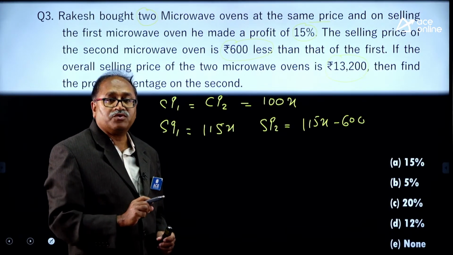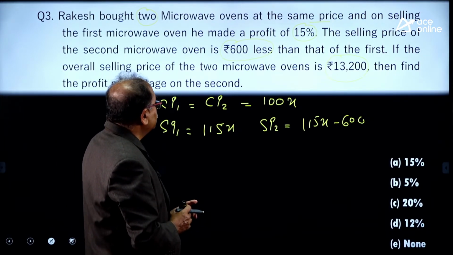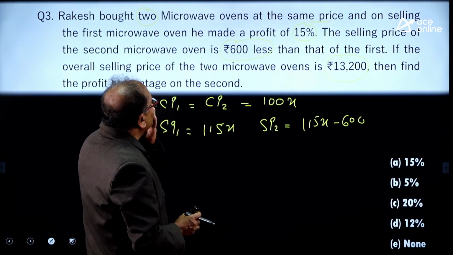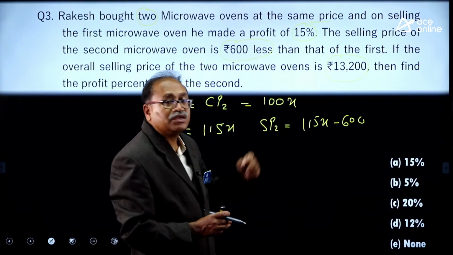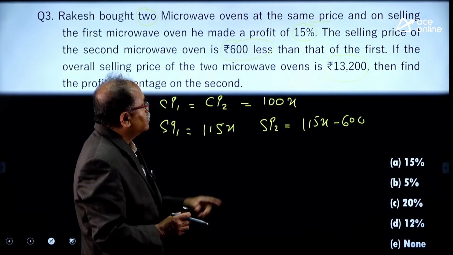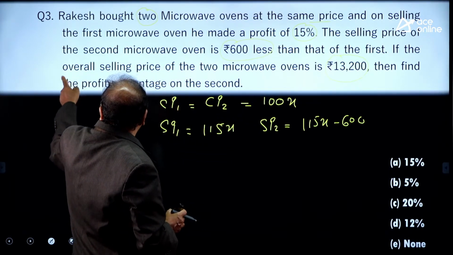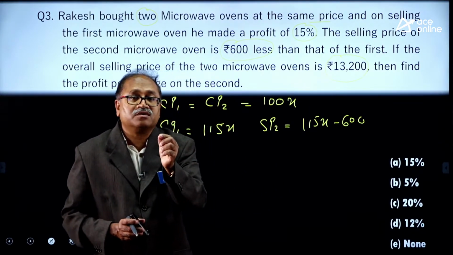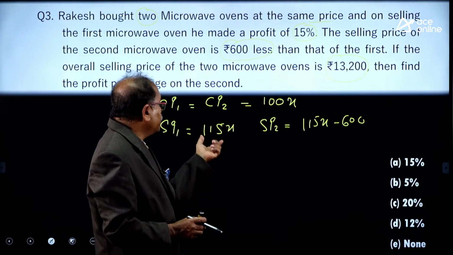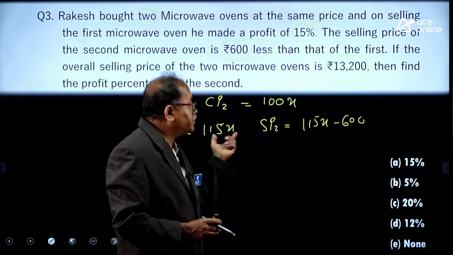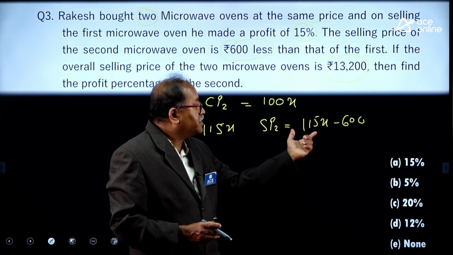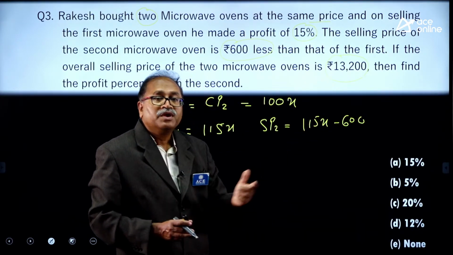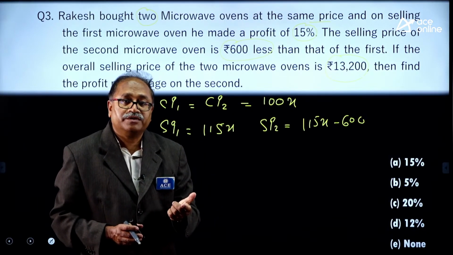And what is given to us? Given to us is the total. Can you see that the total selling price is there? Here the overall selling price of 2 articles is 13,200. That means 115x plus 115x minus 600 equals 13,200.